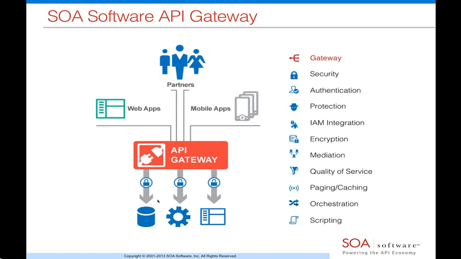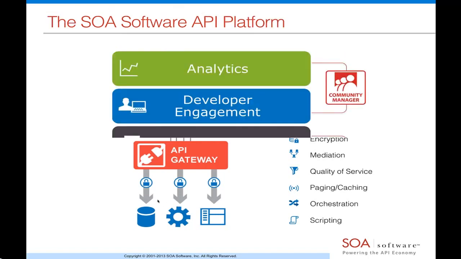It's a single component, a single product, and it takes care of security, authentication, protection, identity and access management, mediation, paging, and a lot of other capabilities. It's a single point which can be deployed both on the cloud as well as on premise. It takes care of almost everything that we discussed here from an API security perspective, making life much easier for an enterprise that is planning to roll out an API.